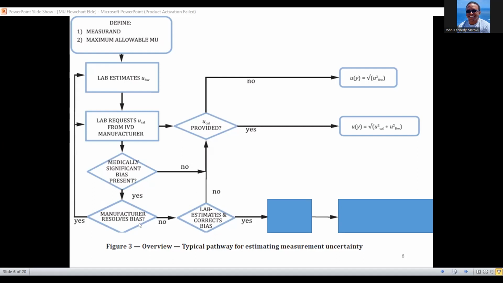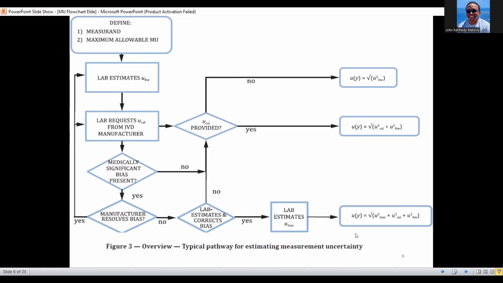If that bias has not been resolved, then it will fall on us to estimate and correct the bias. And then that lab estimate is now what we call the uncertainty attributed by the bias. So how do you obtain the final uncertainty? You combine the uncertainty RW, uncertainty from the calibrator, and uncertainty from the bias.